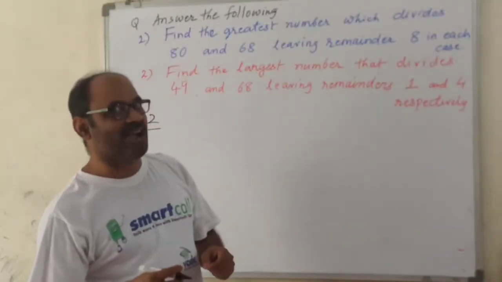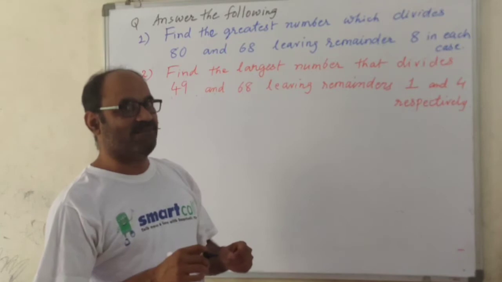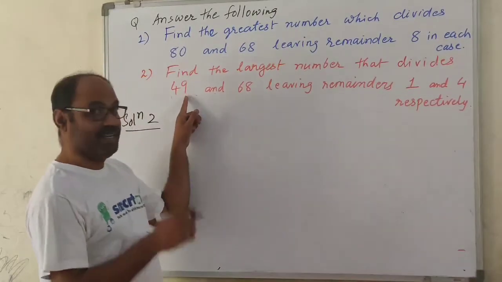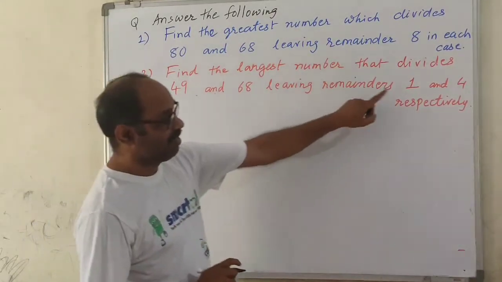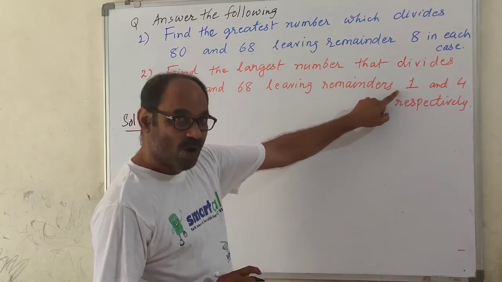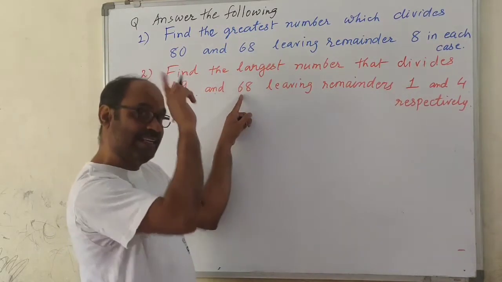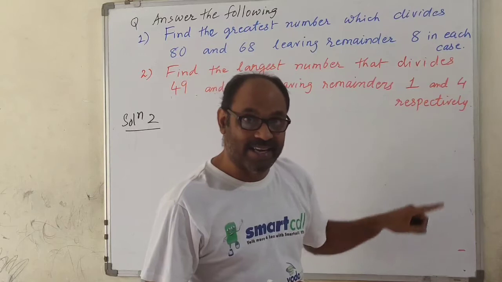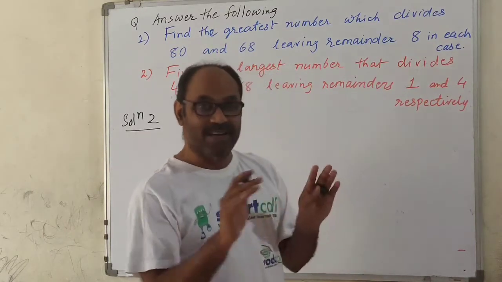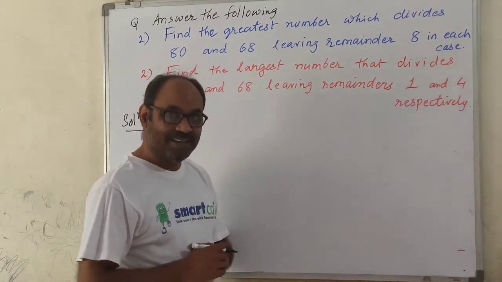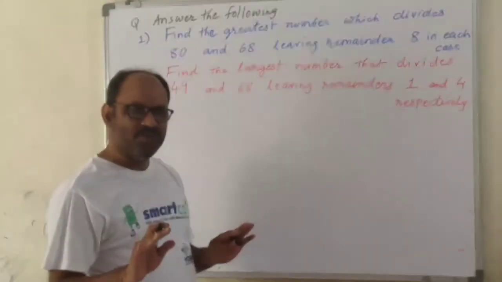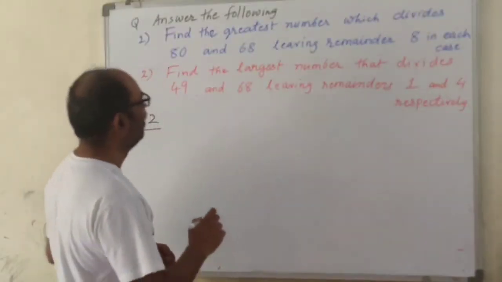This time the remainder is not the same. The remainders are different. When you divide 49 by that greatest number, the remainder is 1. When you divide 68 by that greatest number, the remainder is 4. So remainders are different. Are you getting me? Well, it's going to be very easy, children.